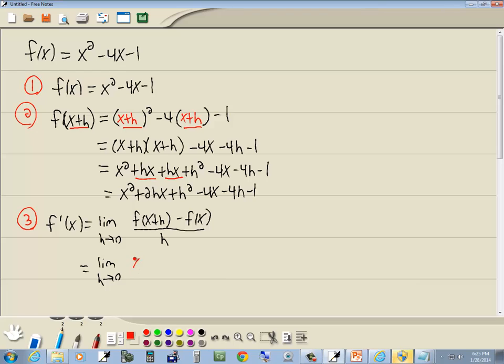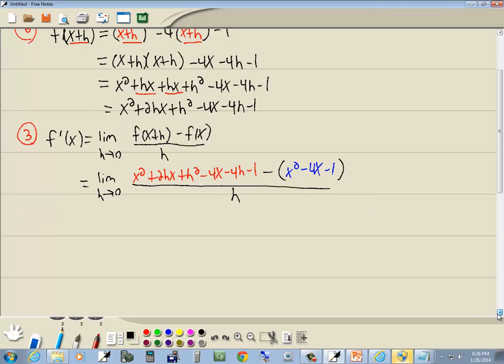So we'll have x squared plus 2hx plus h squared minus 4x minus 4h minus 1. Minus, and I'll put a parentheses because that affects whatever follows it, minus f of x, which we said in step 1 was x squared minus 4x minus 1, all over h.